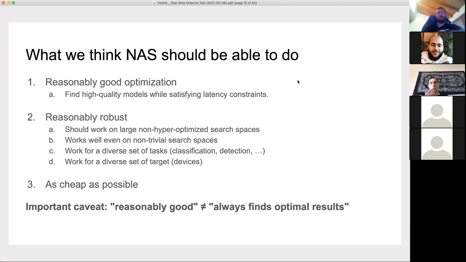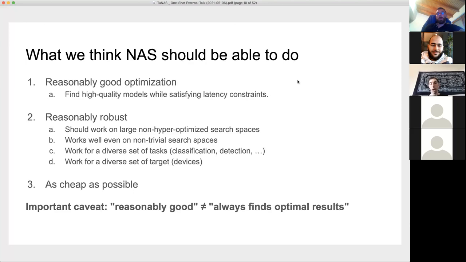So if users spend most of their time trying to work around limitations of the algorithm and optimize for search spaces specifically to work around the quirks of the algorithm that we give them, then that would be a sign that we really need to improve these algorithms. So robustness, I think, is a second important constraint.